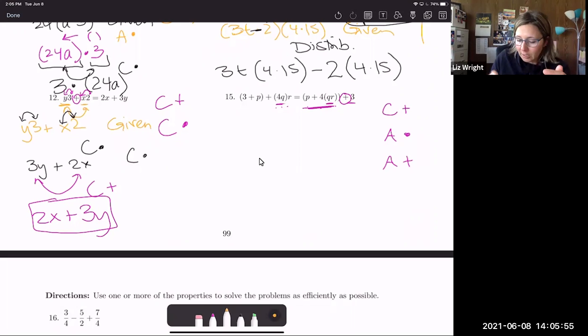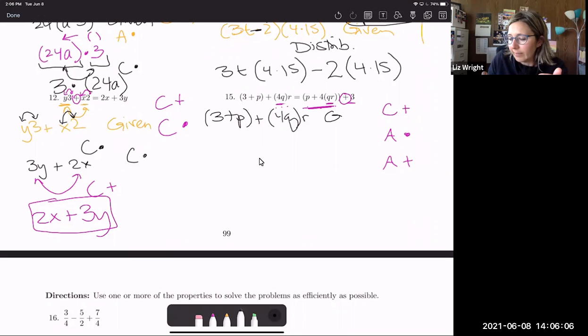All right, so I'm going to start with what's given, and I'm going to have 3 plus P plus the quantity of 4QR, and this is given. And then I'm going to move some parentheses because I know I can't move 3 until I get it out of its grouping.